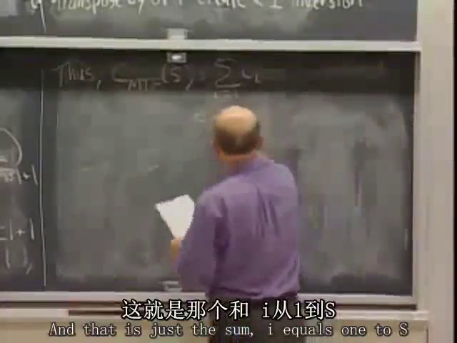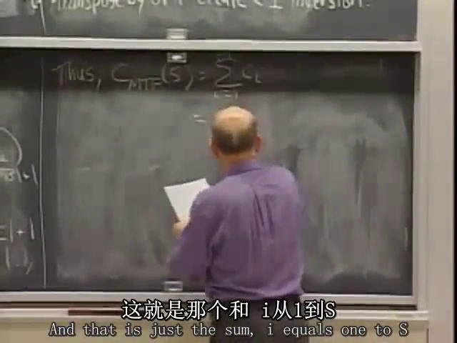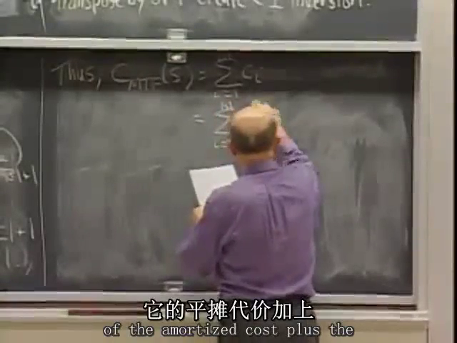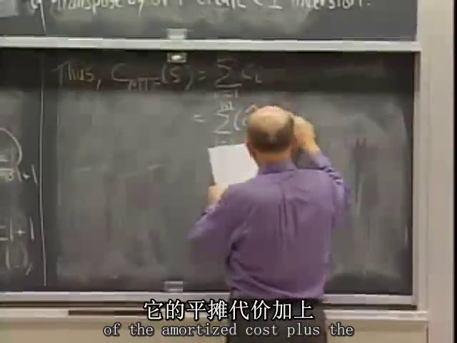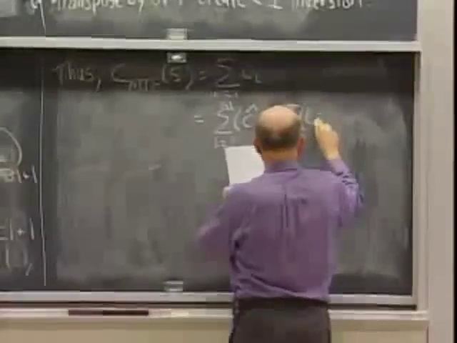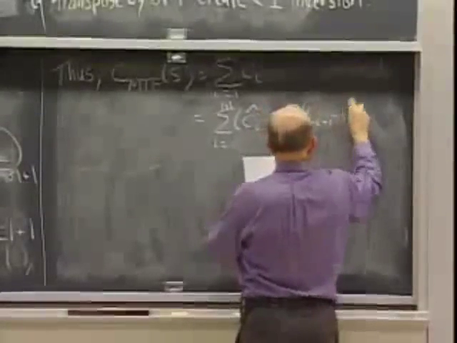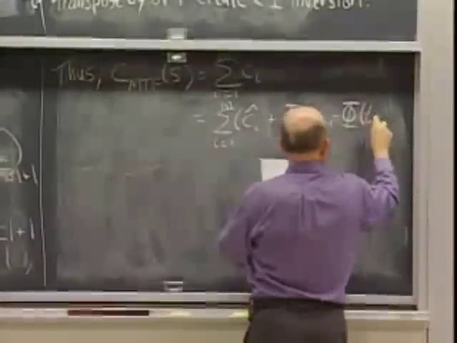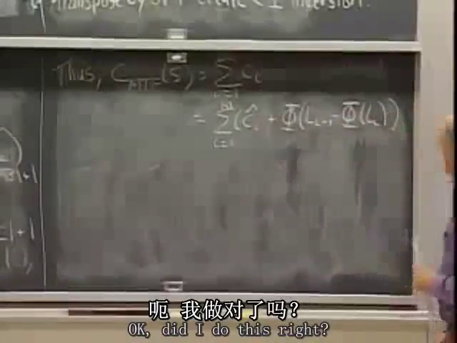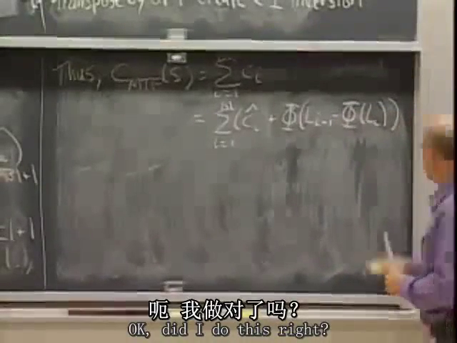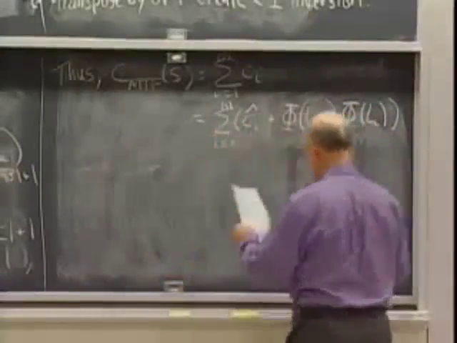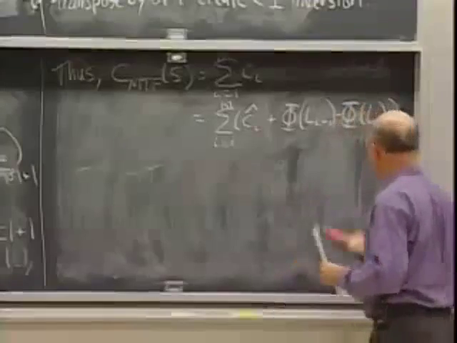And that is just the sum, i equals 1 to |S|, of the amortized cost minus the change in potential. Did I do this right? No, I put the parentheses in the wrong place. No, now I've got it right. Good. I just missed a parenthesis.